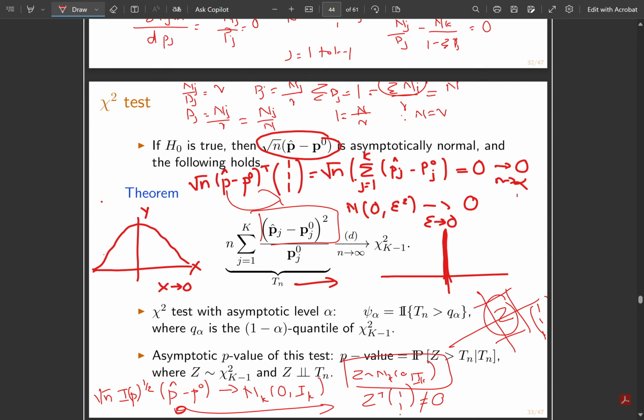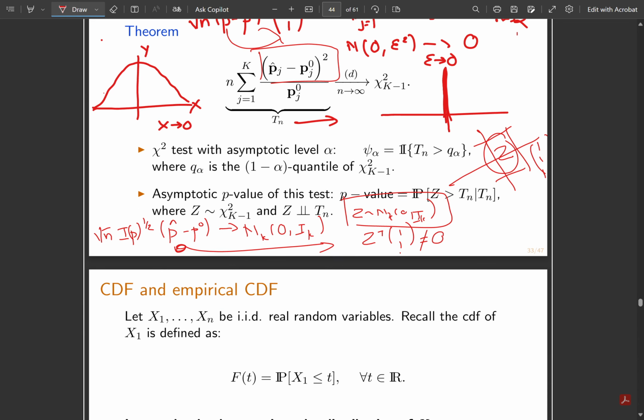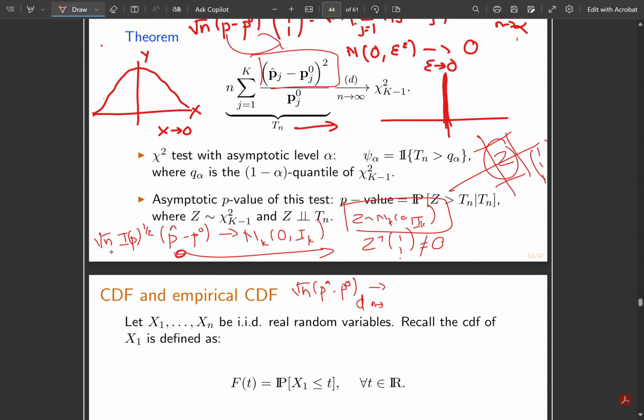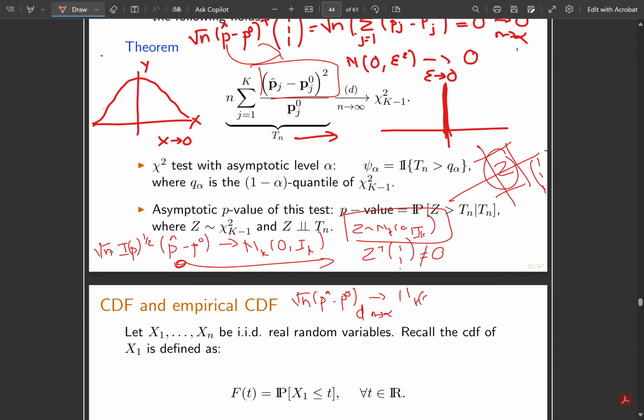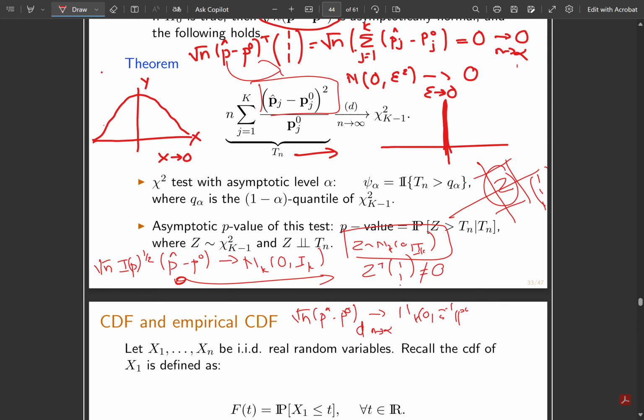As we move on, we can also create an equation here. What we need is the square root of n times (p hat minus p naught). If everything was good, then the limit as n goes to infinity should be N(0, I^-1(p naught)), and also it should be that I inverse of p naught times the unit vector equals 0. But this is not the case. Why is that? Because there is no I inverse here.